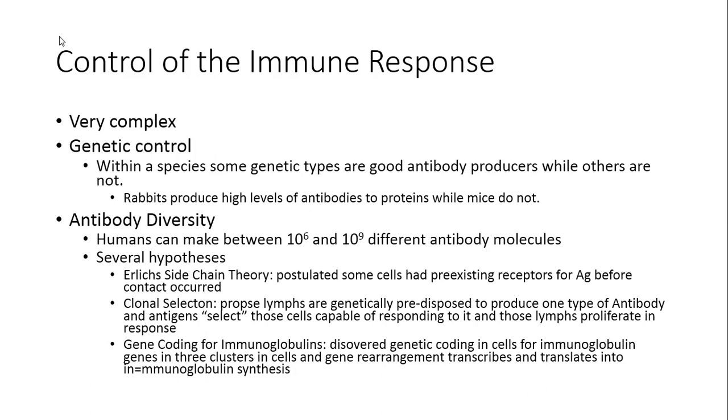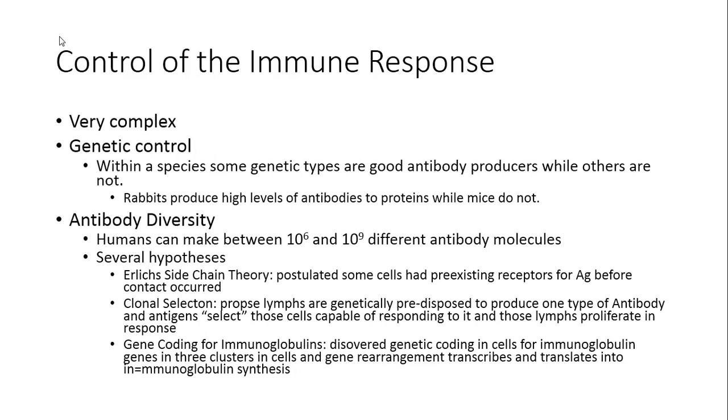So we've seen the production of antibodies. We've seen what happens with the first and second responses. How do we control it? It's really important that we control the immune response as well. We can't have just unfettered responses to everything in an overwhelming amount.